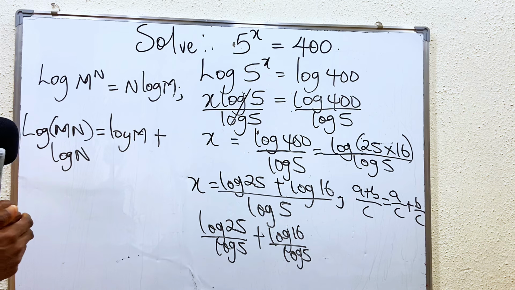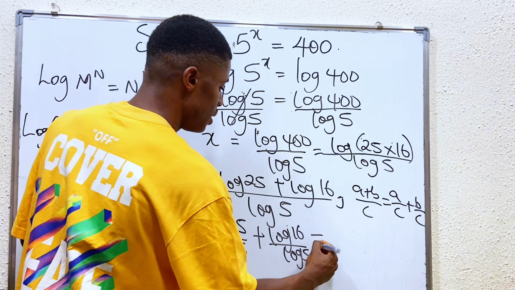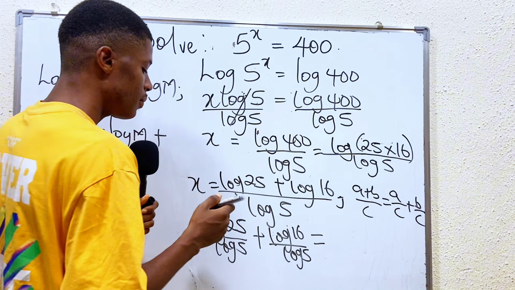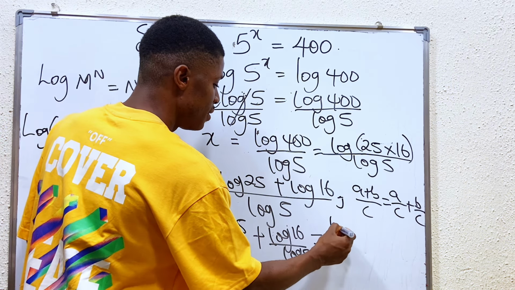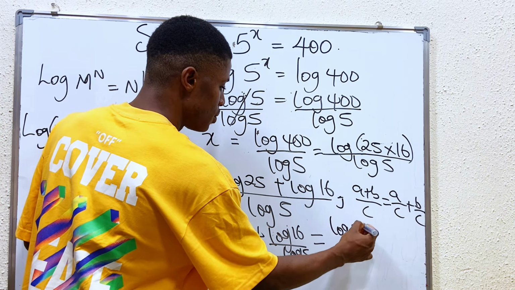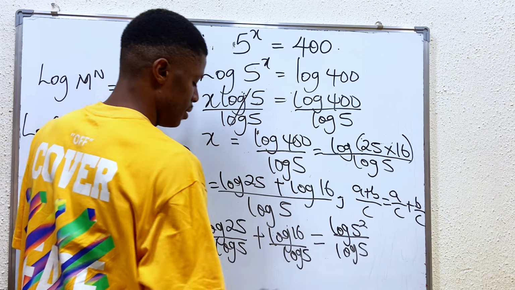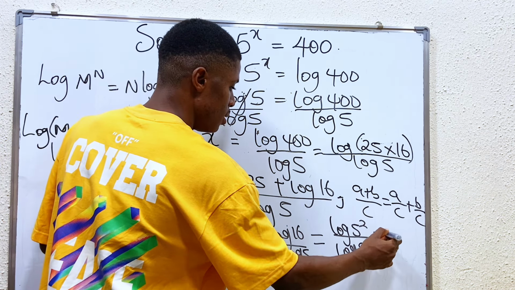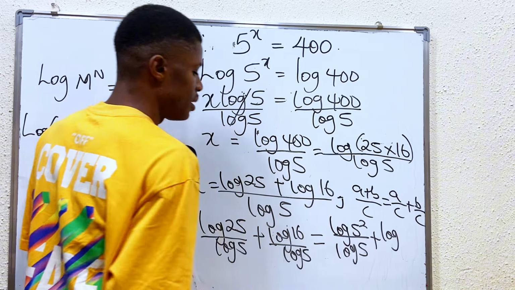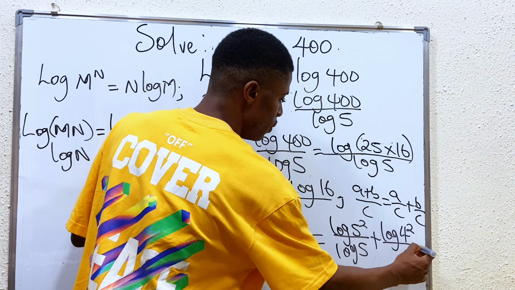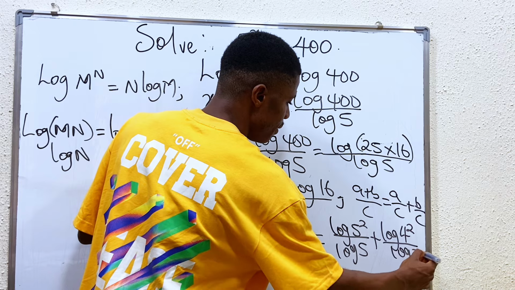If you have this now, you can see that 25 can be seen as 5 squared, right? So what do we have? We have log 5 squared over log 5, plus log 16 can be seen as 4 squared, right? Log 4 squared over log 5.